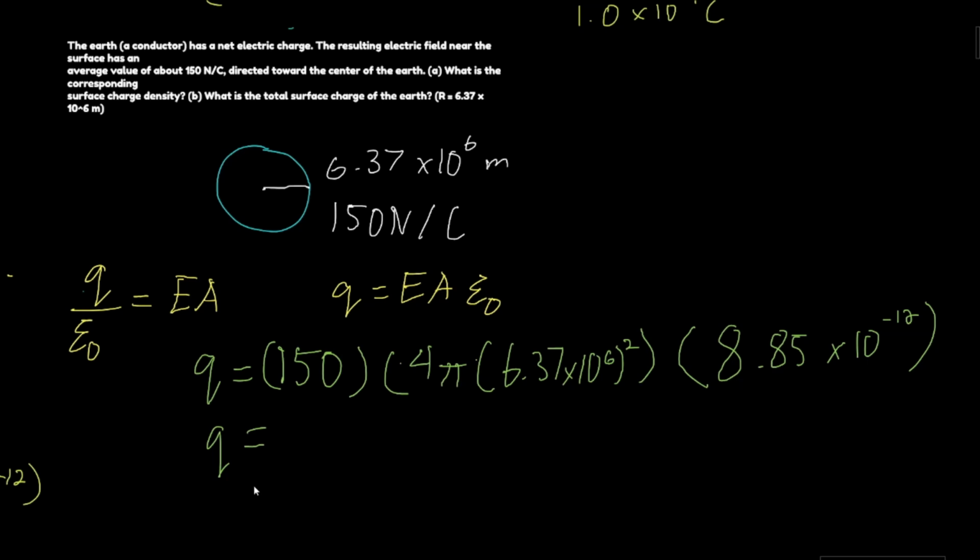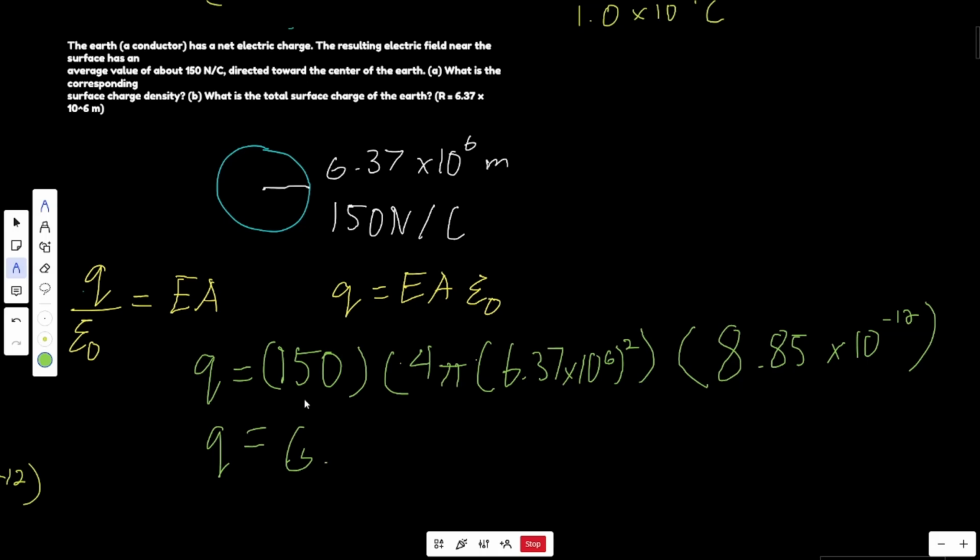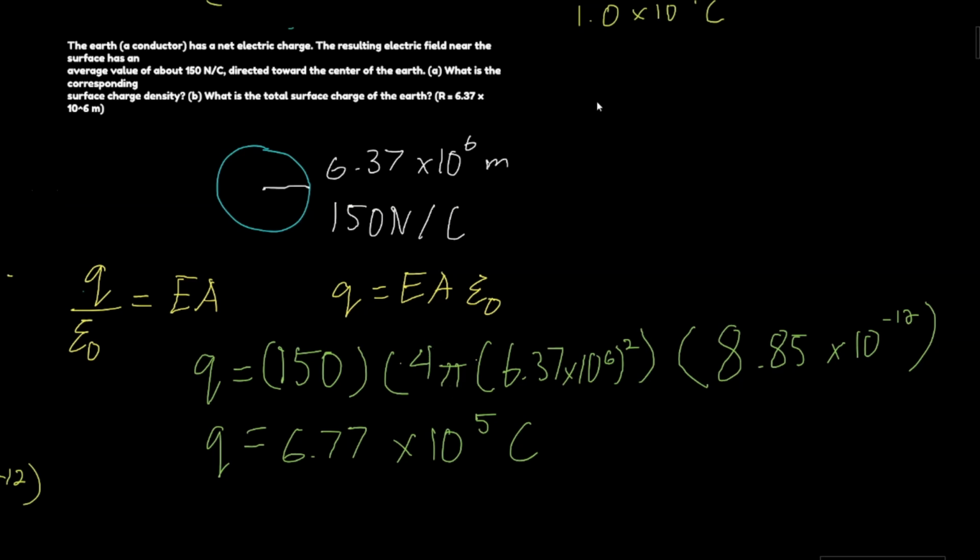So there it is. We should have an approximate charge of 6.77 times 10 to the power of 5 coulombs. There. That's our surface charge, and that answers letter B.